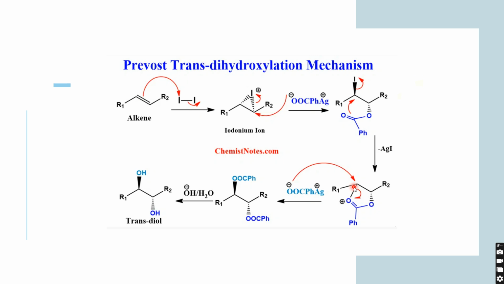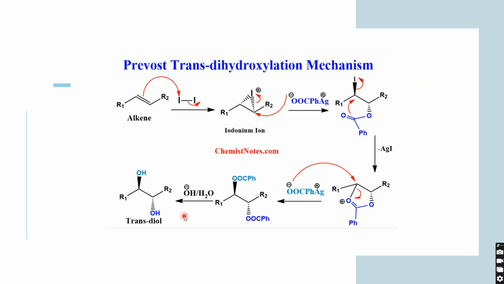And as we know that SN2 mechanism leads to the inversion of stereochemistry, that means it is going to attack at this carbon from the opposite face of this substituent. So this is how these two acetate substituents are going to occupy two different faces.